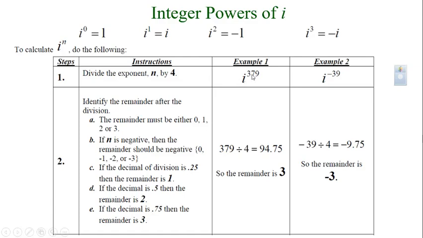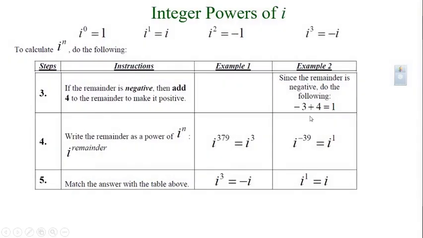So for example here, 379 divided by 4 is 94.75. So the remainder after dividing 379 by 4 is 3. When we divide negative 39 by 4, we get negative 9.75. So the remainder is negative 3 because the original exponent is negative.